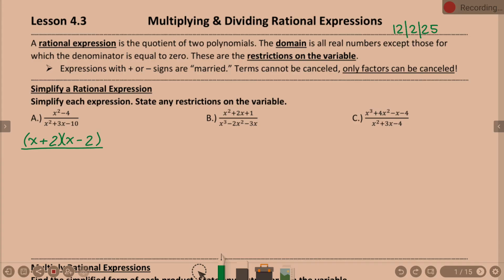Back to your denominator. X squared plus 3x minus 10. Does it factor? Yeah. Are you visualizing 2 parentheses here? I hope. Okay, this is one that I hope we should be fairly confident in. X squared breaks into x times x. And then what? We need numbers that will multiply to be -10 and add to be 3.